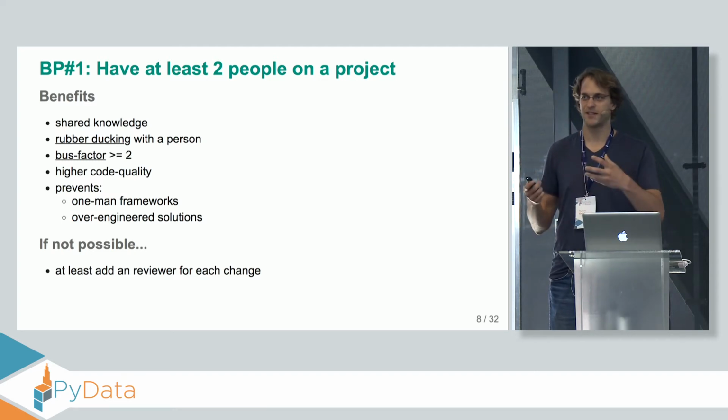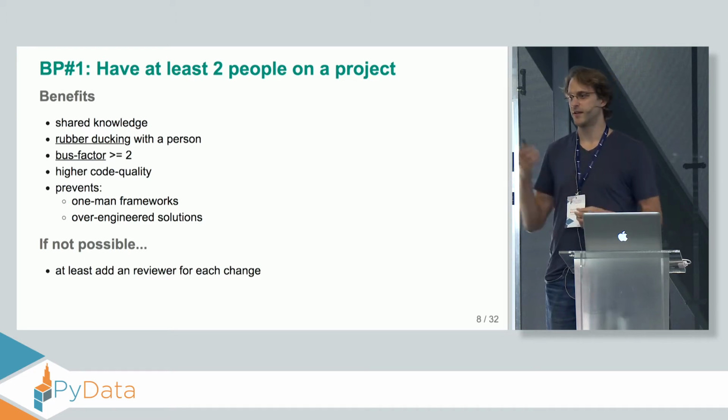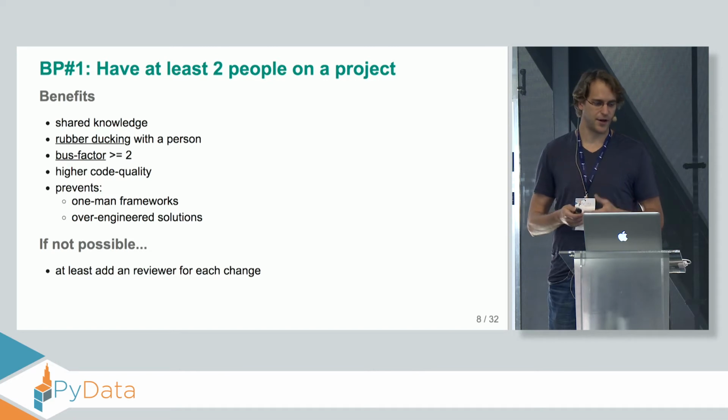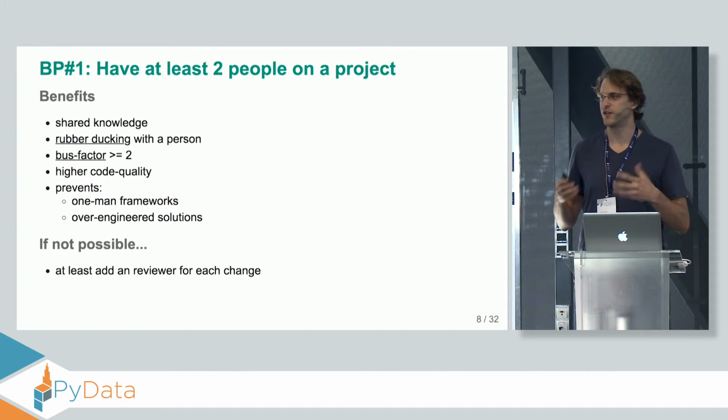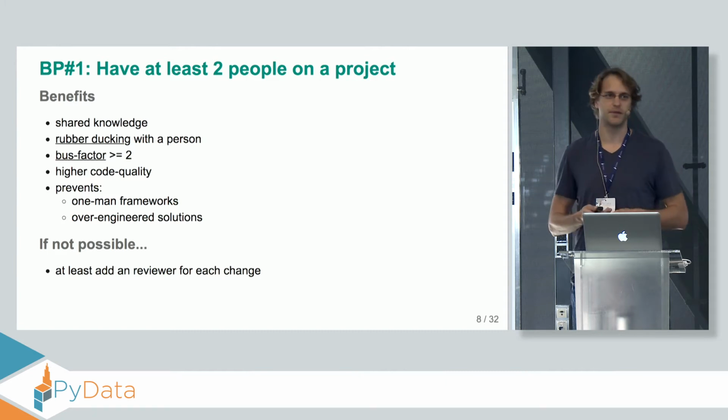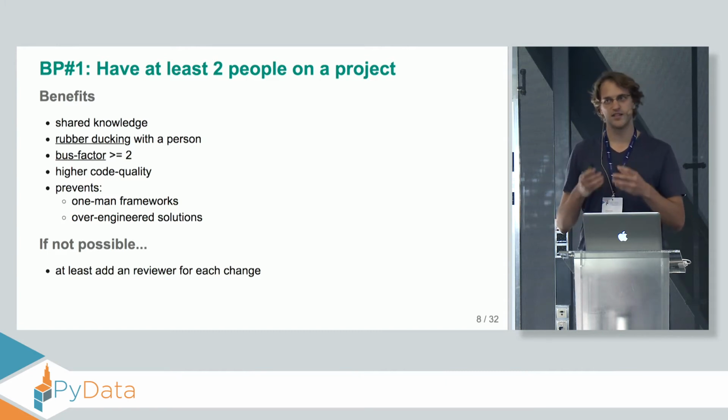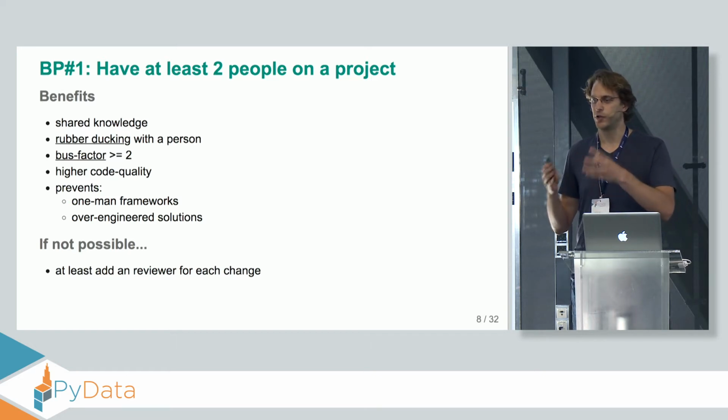It increases the bus factor, so if a person leaves, the knowledge is preserved in the company. The code quality is higher, and it prevents one-man frameworks and over-engineered solutions just by having more people in the team. If this is not possible, then at least add another reviewer to the project.